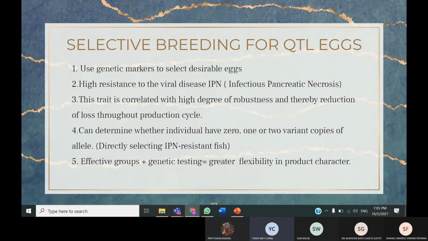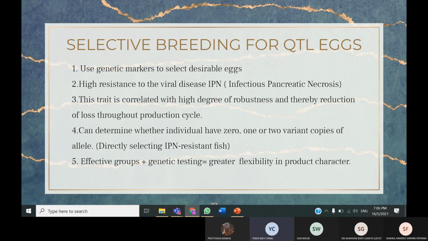For selective breeding for QTL-X, first genetic markers were used to select the desirable eggs, and the desirable eggs here are eggs with high resistance to the viral disease IPN, infectious pancreatic necrosis, and this trait is correlated with a high degree of robustness and thereby reduction of loss throughout the production cycle.